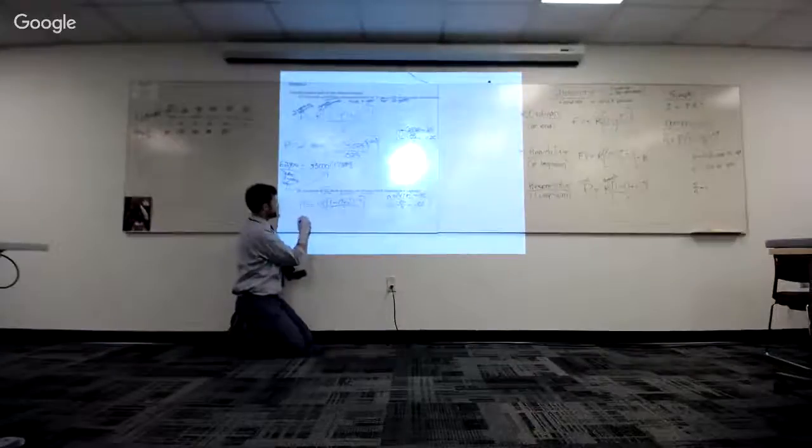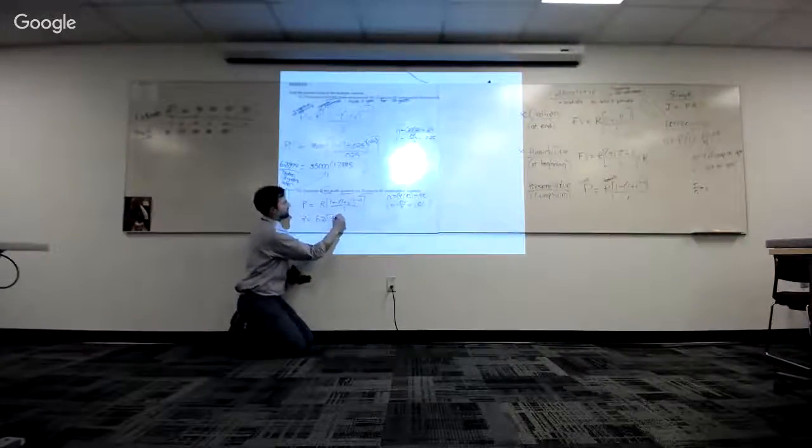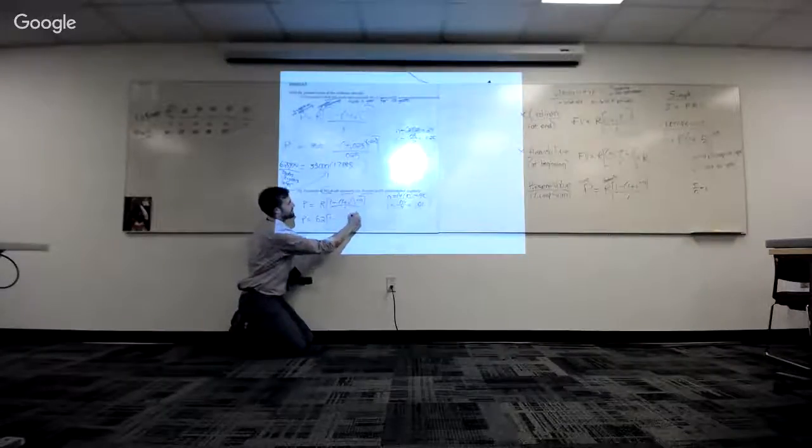And so the lump sum is equal to the $62 payment, times 1 minus 1.01 to the negative 40 over 0.01.